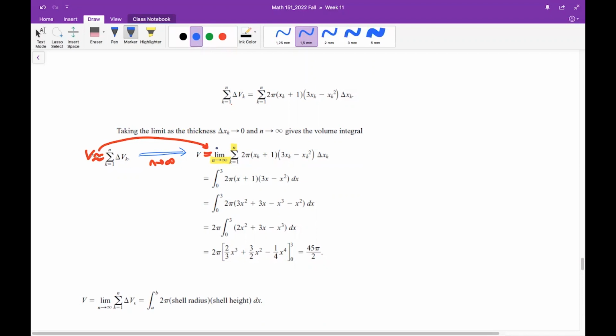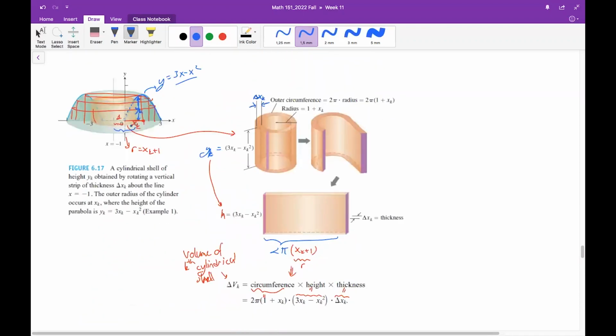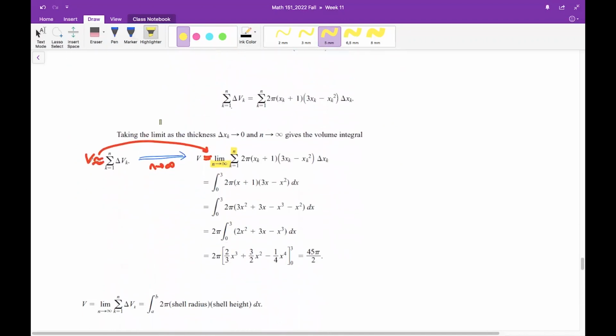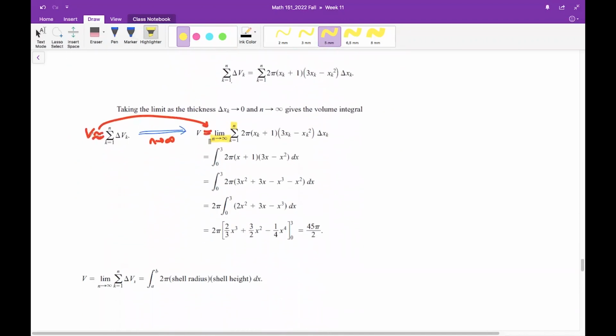And you know, this is the Riemann type of sum where you can express it in terms of the definite integral. So you remember the interval of integration was from 0 to 3, it is here, okay? And so that's how you transform the sum of the volumes of kth cylindrical shells to the definite integral like this, from 0 to 3.